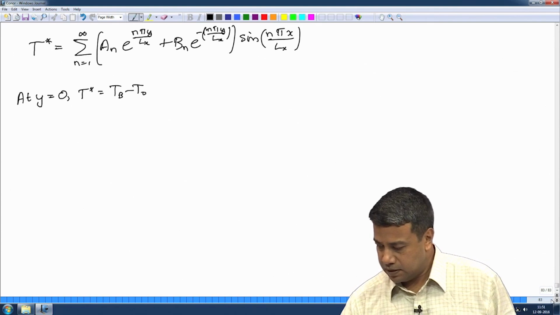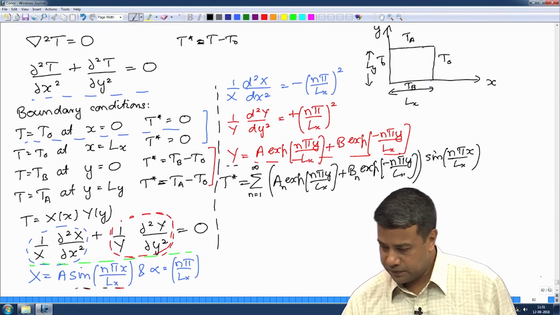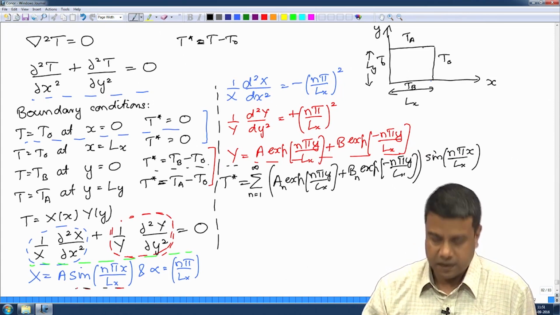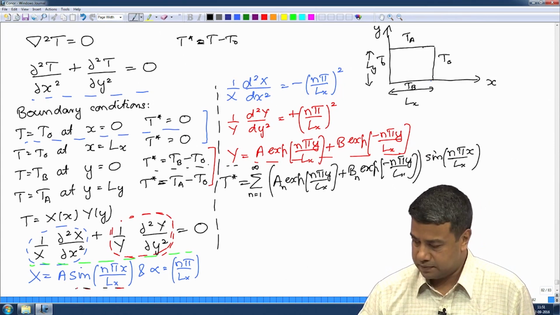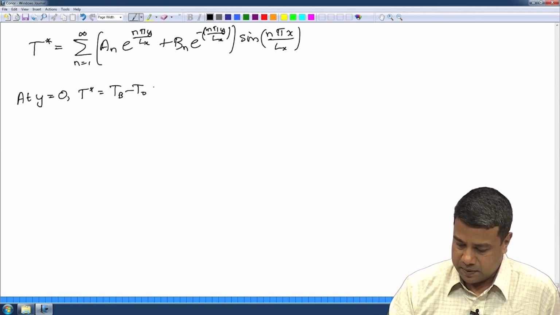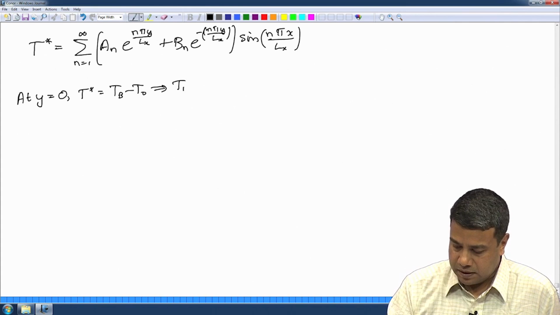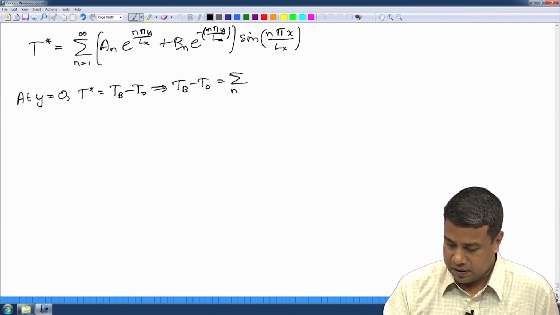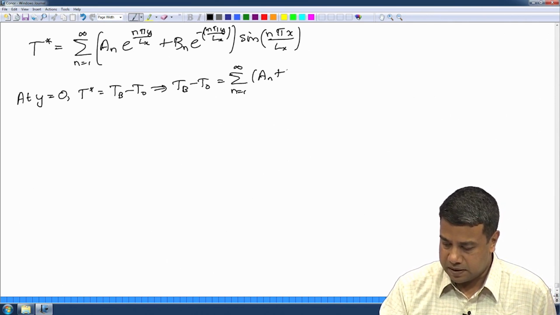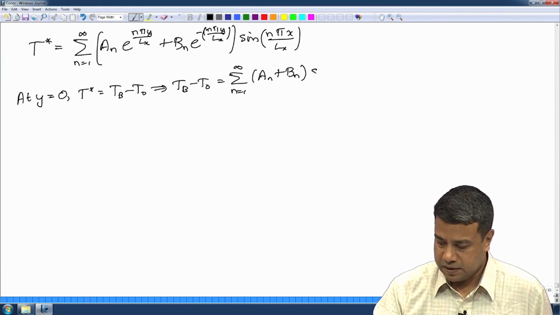Recall that at y equal to 0, the value of T star is equal to T b minus T naught. So, that was the boundary condition, which implies that T b minus T naught is equal to the sum over n equal to 1 to infinity of A n plus B n times sine.